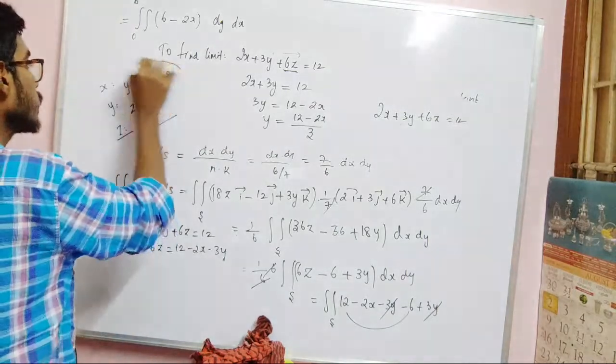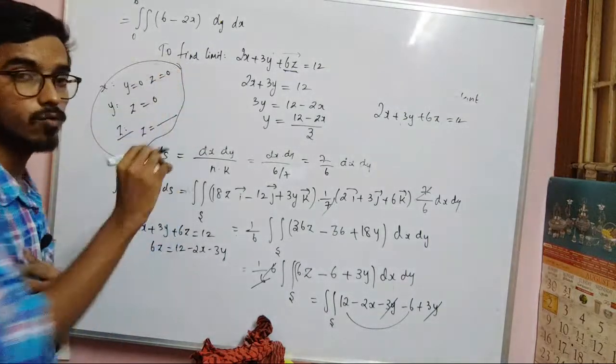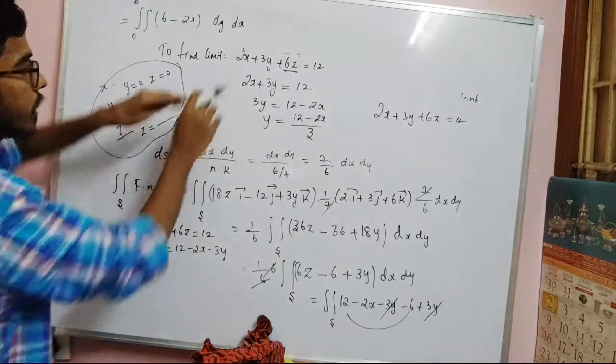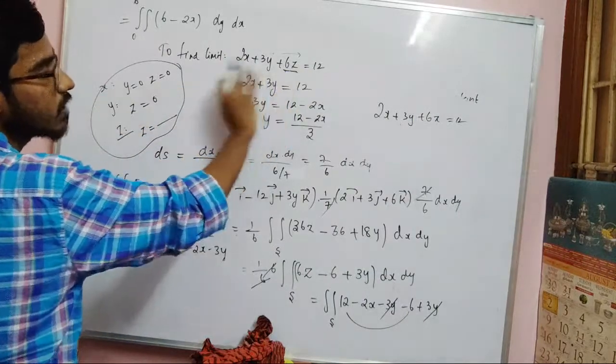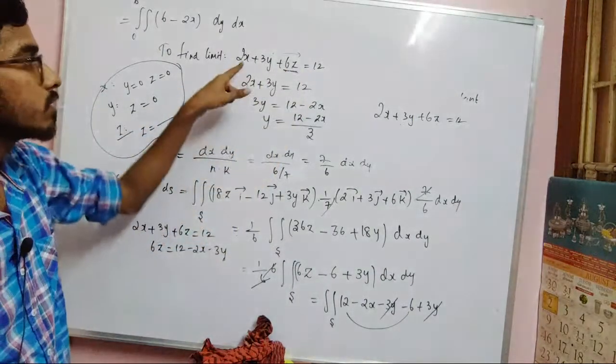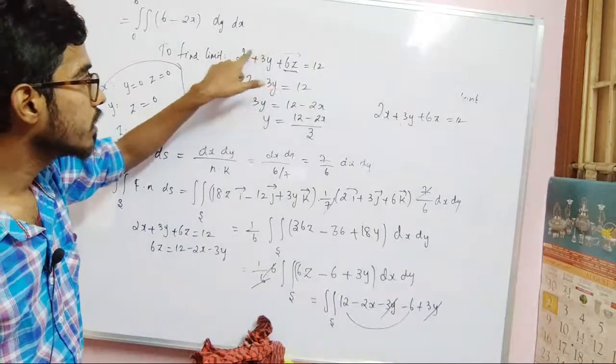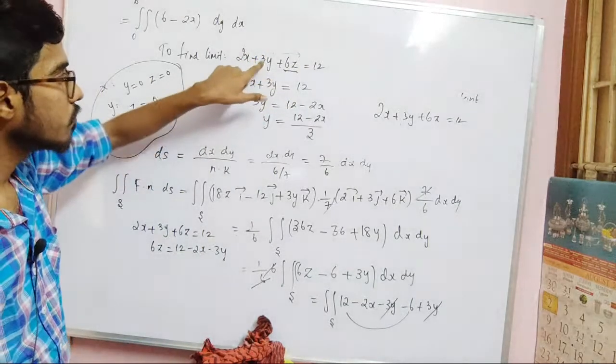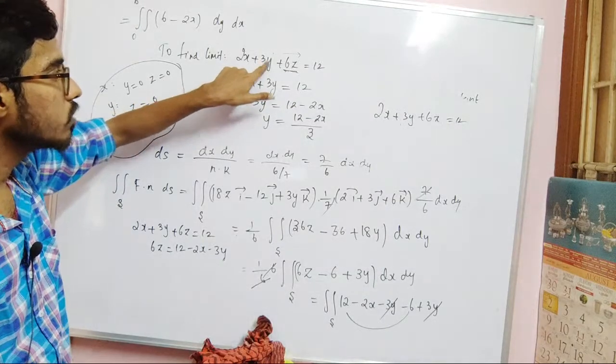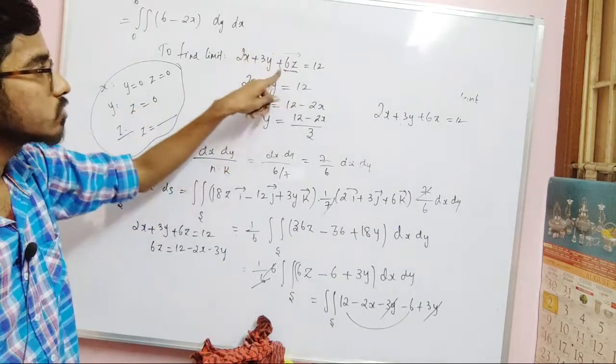This is a very important trick that will be useful in volume integrals. If you have 3 or 4 variables, to find the limit of the first variable, you just put every other variable next to it equal to 0. To find the limit for y, you put the next variable equal to 0.